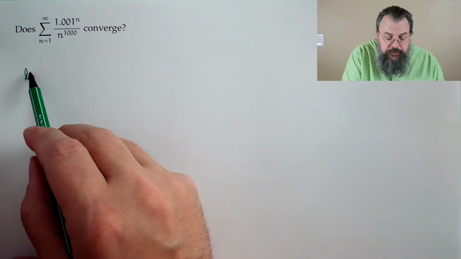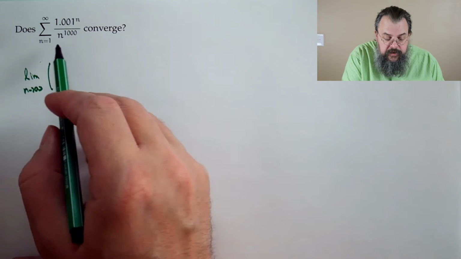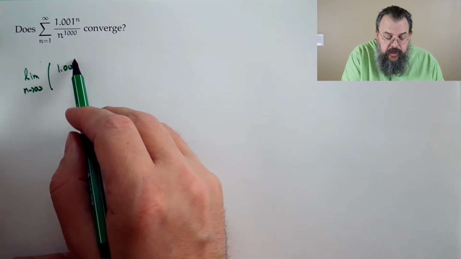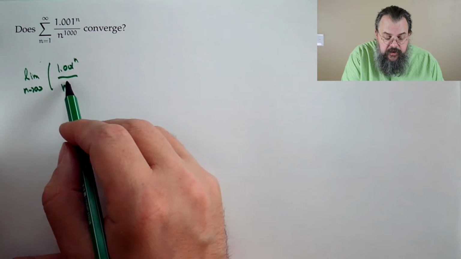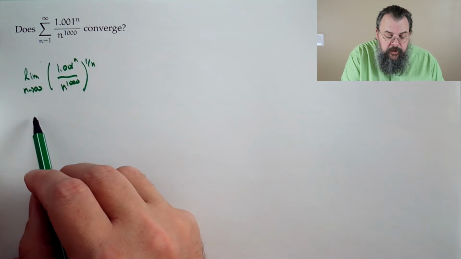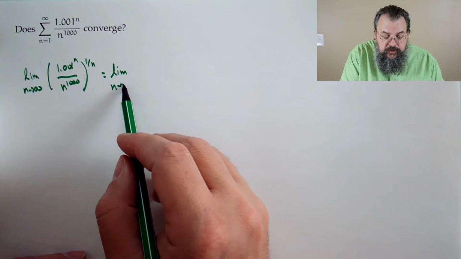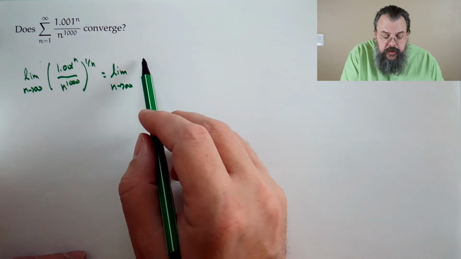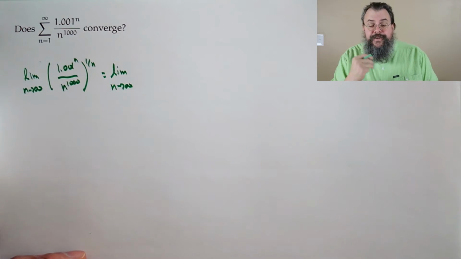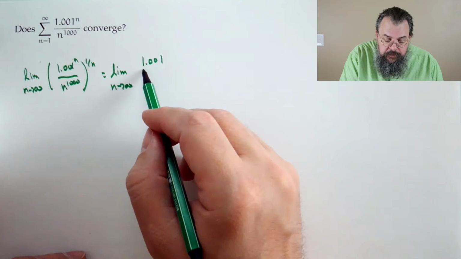We have the limit as n goes to infinity of, we'll think of this as our a sub n, 1.001 to the nth power divided by n to the 1,000, all to the 1 over n. Upstairs, the nice thing is the nth power and the 1 over n cancel, so we're left with 1.001.